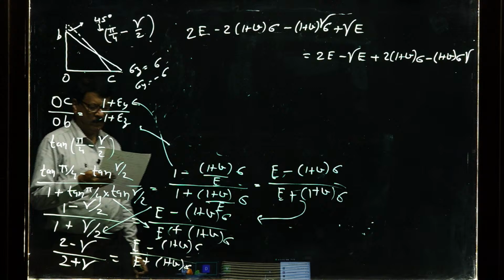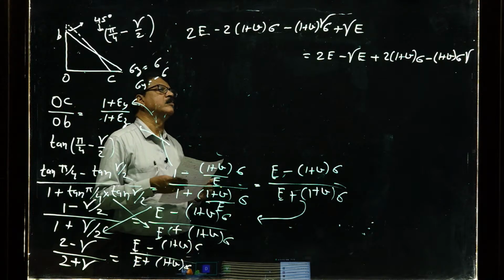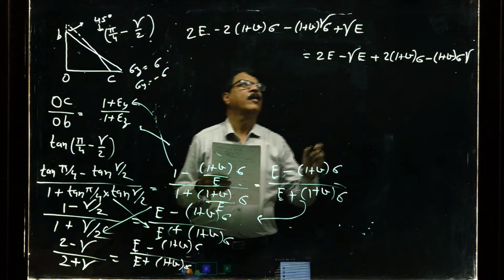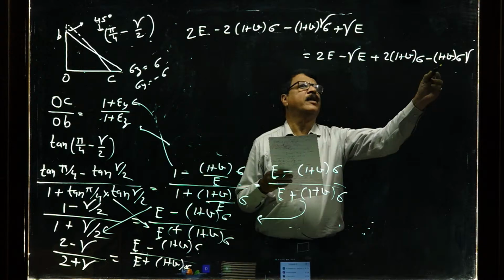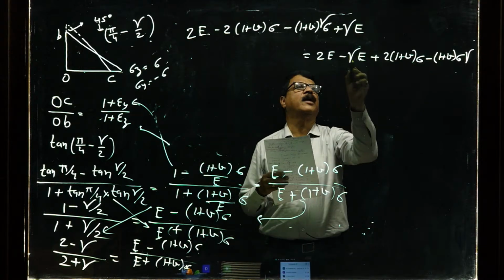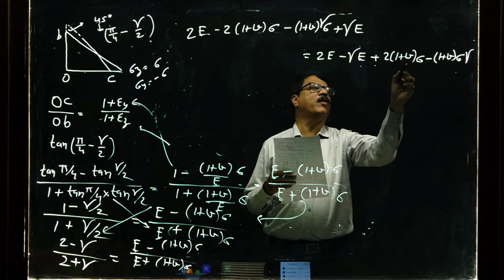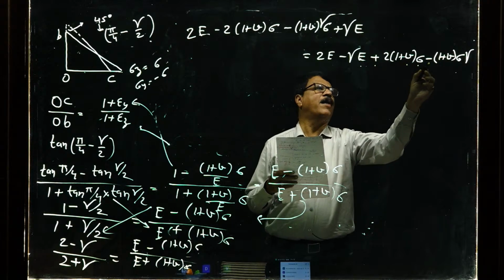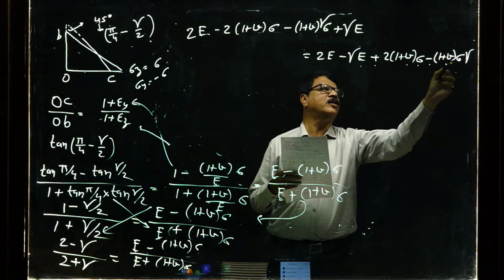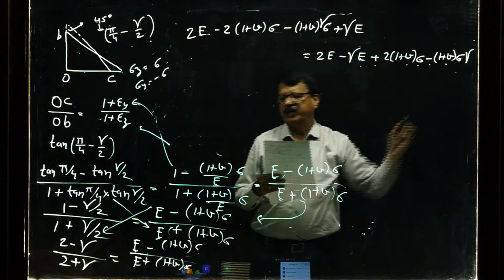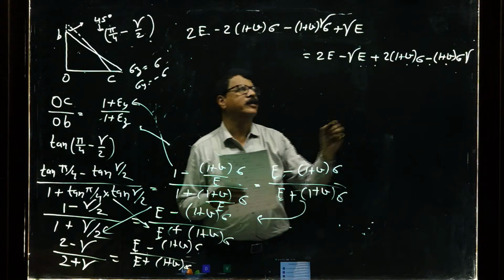Sir, the last part after the equal to: 2e minus gamma e plus 2 in bracket 1 plus v. This one: 2e minus gamma e plus 2 (1 plus Poisson's ratio) sigma minus (1 plus Poisson's ratio) sigma into what you call this?